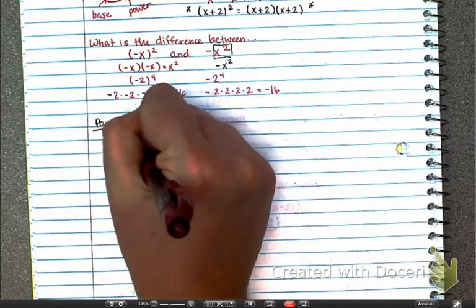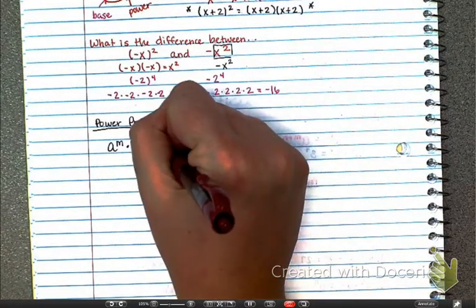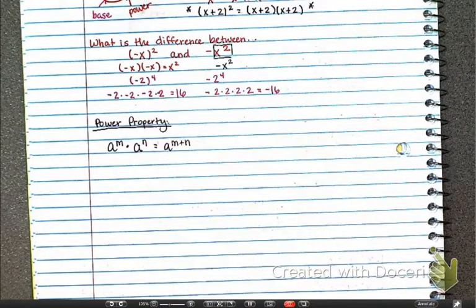So if I'm multiplying 2 powers together, so a to the m times a to the n, where my bases are the same, my base in this case are both a's, what do I do with those exponents? You add them. So a to the m plus n. You add those exponents together as long as the bases are the same.